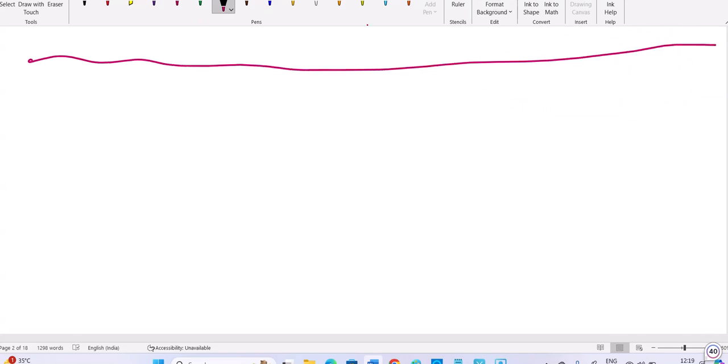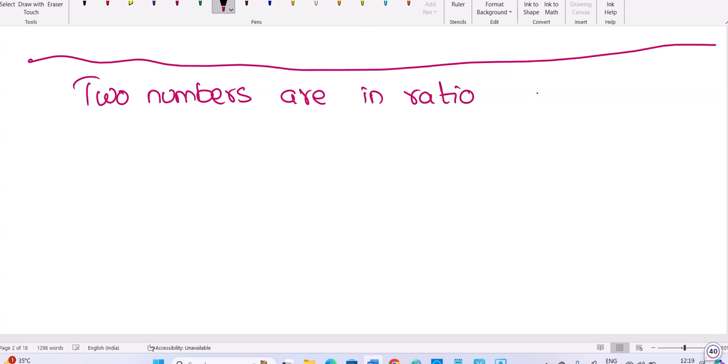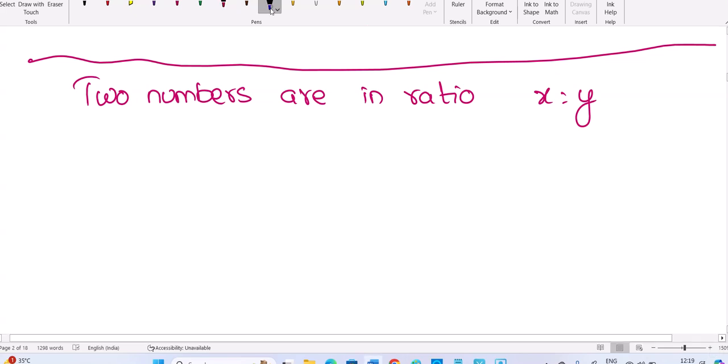If two numbers are in the ratio x is to y, in general x is called the antecedent for your definition.